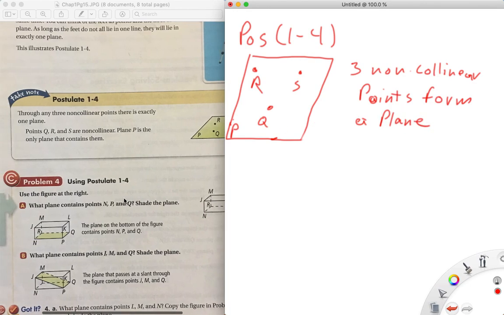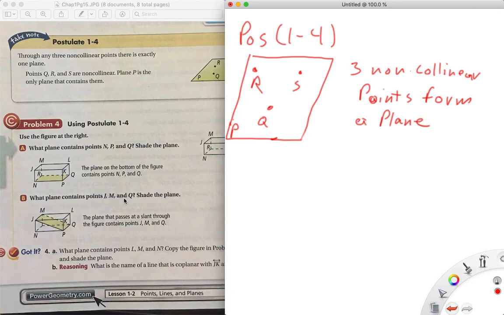And they give us examples to try to find different planes within a particular figure. Notice that this thing that's shaded here is JMP. Notice that it's a diagonal within the rectangular prism.